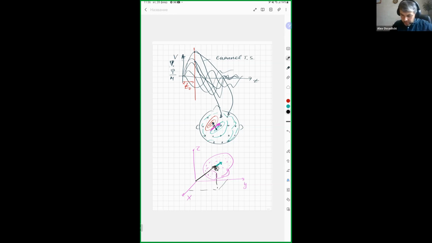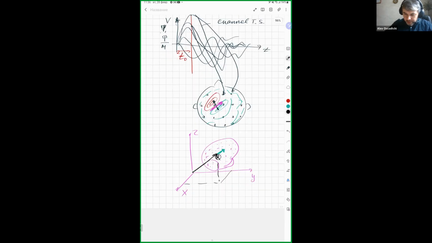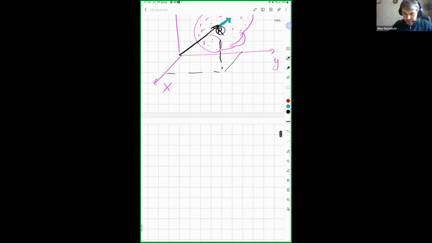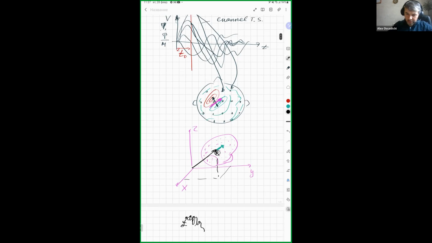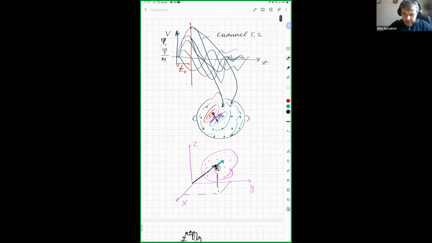Okay, so we started from a very simple setting. We said, let's assume that the dipoles are oriented orthogonally to the cortical mantle, right? So if you consider a cortical mantle, like a gyrus, another gyrus, whatever, the dipoles will be oriented perpendicularly to the surface, right? And then we consider the situation that you have only a single time slice, okay?